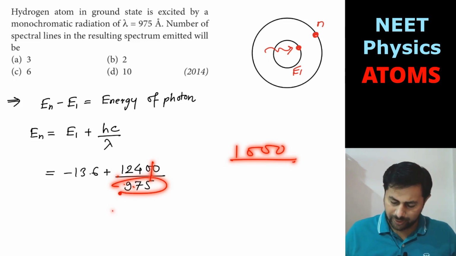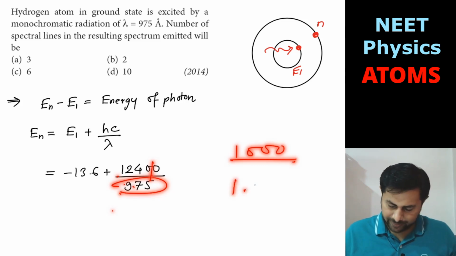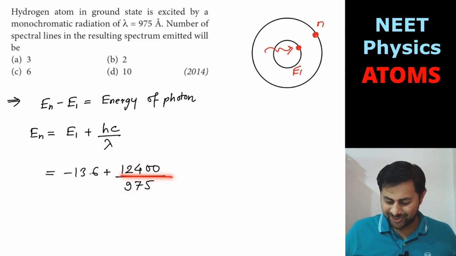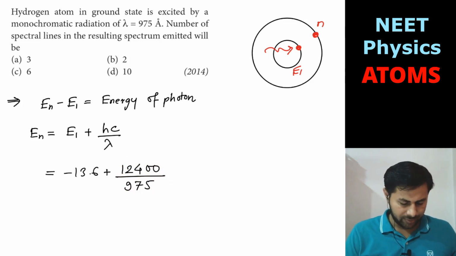So this thing would be equal to what? We need to solve this, unfortunately. 12400 divided by 975 is 12.71. So minus 13.6 plus 12.71.